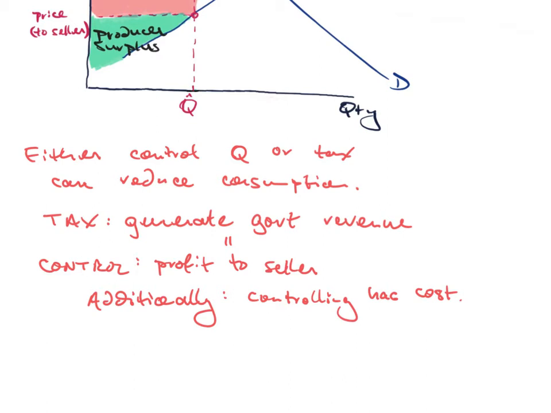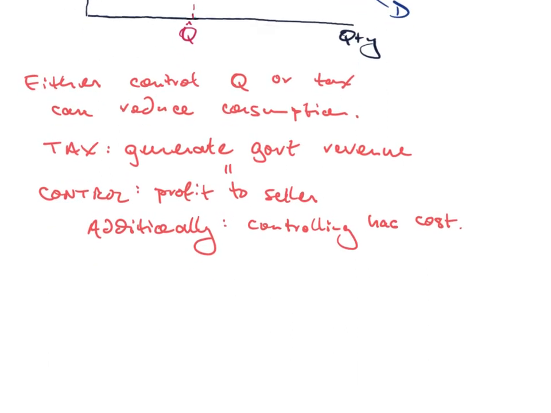Okay, so I think most economists would say that taxing is hands down better than trying to control consumption. Student: I just have this really quick question.